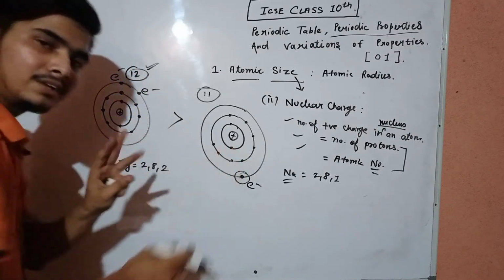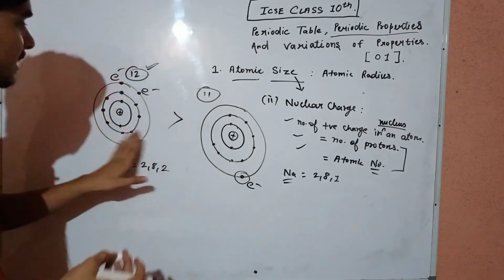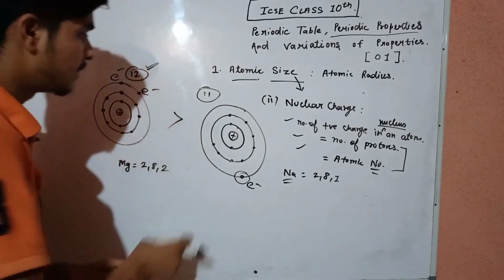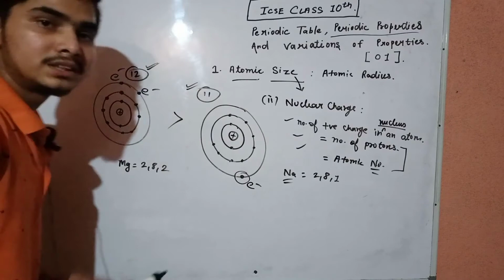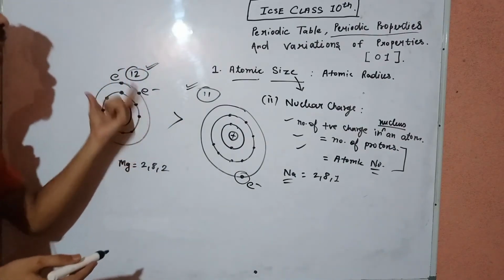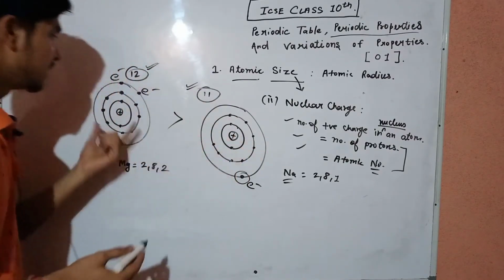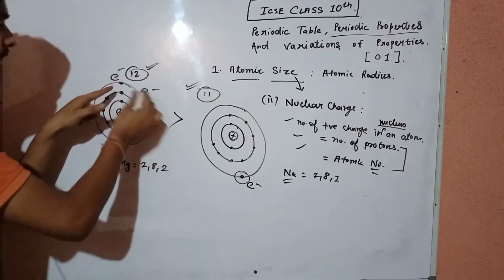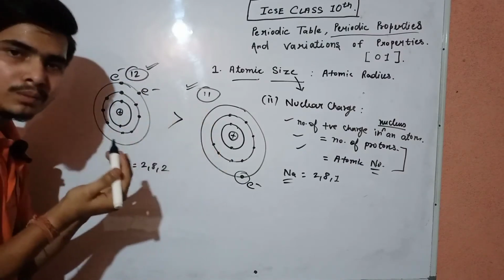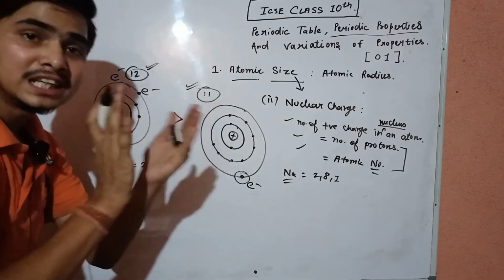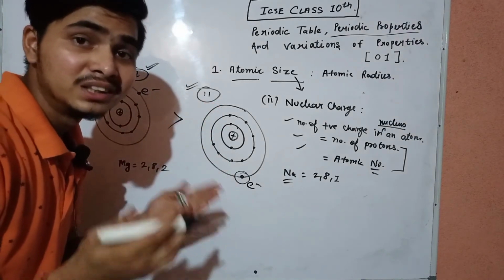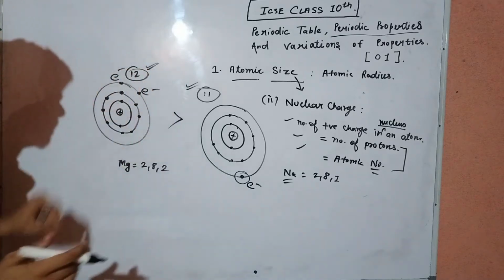See, both these atoms have 3 shells only, but this one has nuclear charge 11 and this one has nuclear charge 12. As this has more capacity as compared to it, it would be able to attract the last shell electron more. So what will happen? The atomic size will get smaller.